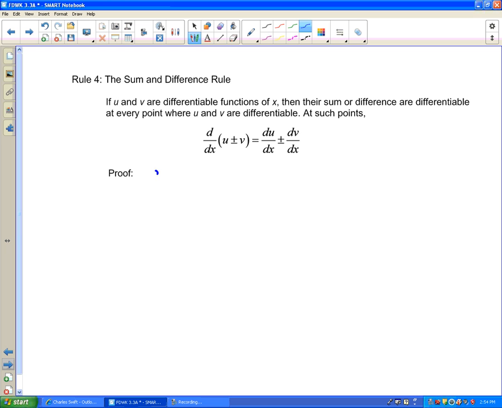So here we're going to take a function f of x is equal to two other functions. We'll call it u plus v.